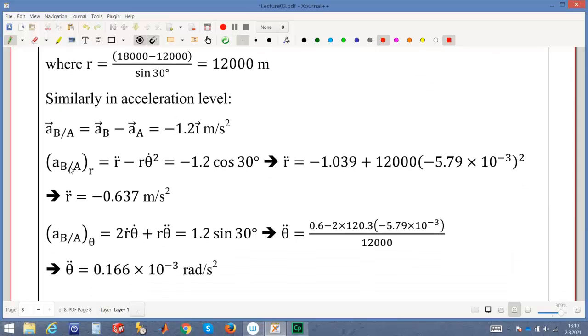So as you do the necessary calculation to calculate the acceleration vector's R component, that will be equal to R double dot minus R theta dot squared. As we have this R and theta dot already calculated, then we can calculate R double dot directly. And in a similar manner, as R dot and theta dot are calculated from the velocity equation, then theta double dot will be calculated from this component of the acceleration in the E theta direction.